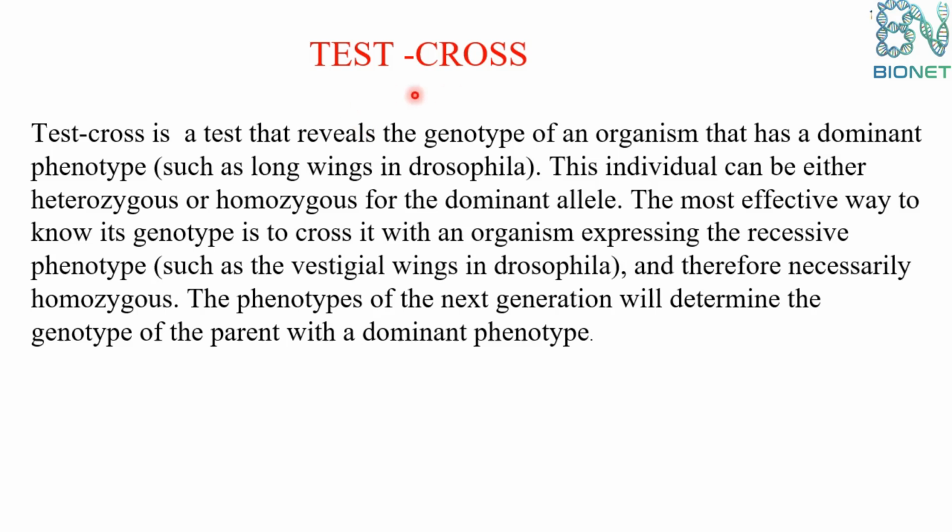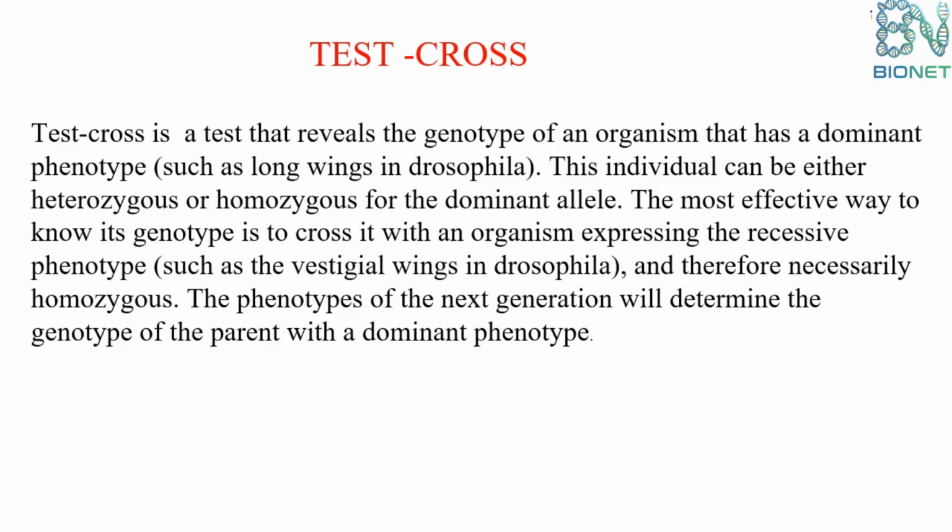A test cross is a cross between an individual having the dominant phenotype, and this individual has an unknown genotype. The genotype can be homozygous or heterozygous. So to determine the real genotype, you are going to cross this individual with another one having the recessive phenotype, because we do not have doubts about the recessive, it is always homozygous.